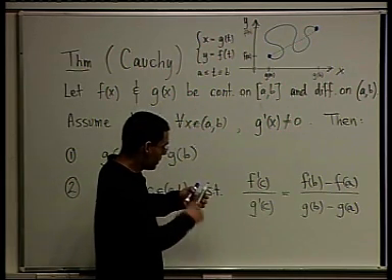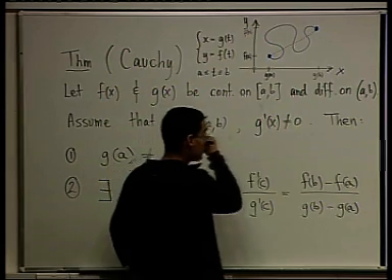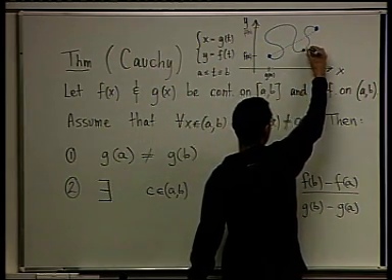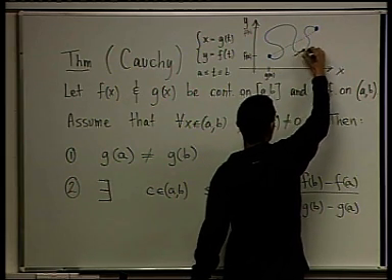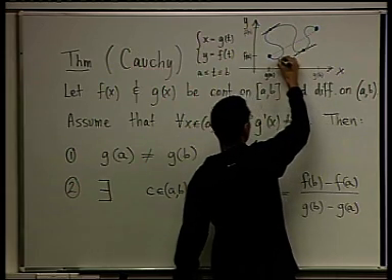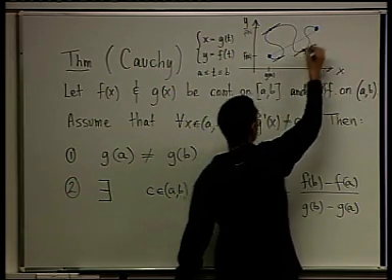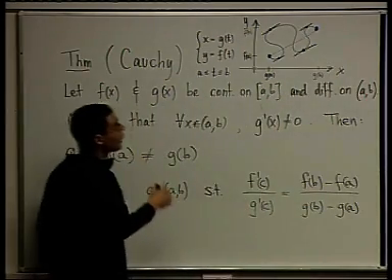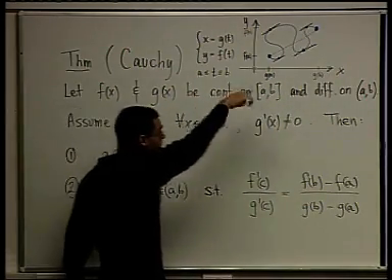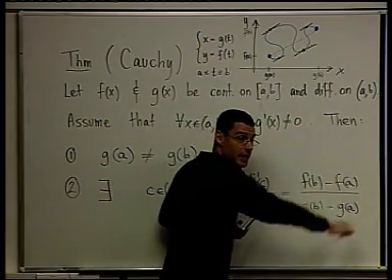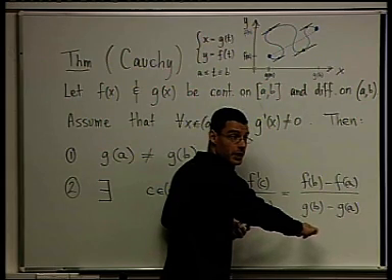So what this theorem says is that there's going to be a point somewhere. For example, here's one, and here's another one, and here's another one. There are many in this picture that I drew, where the slope of this curve is going to be precisely this value here.